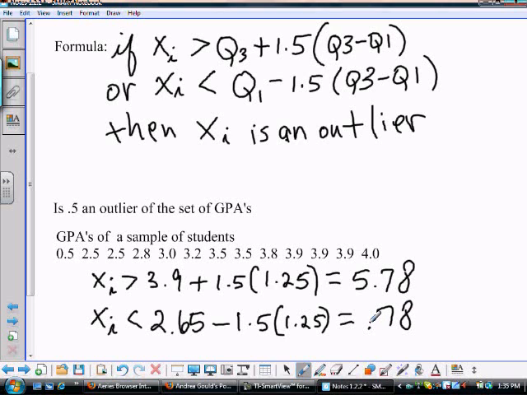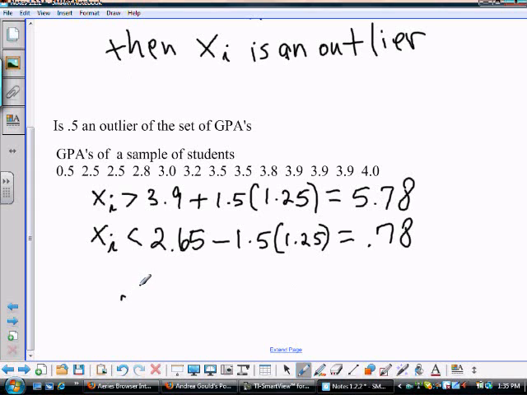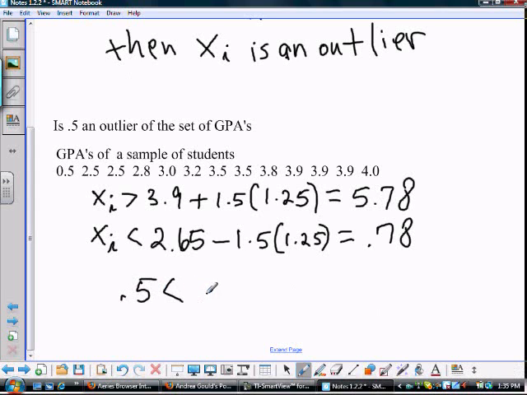All right, so any value in my set less than 0.78 is an outlier. Since 0.5 is less than 0.78, 0.5 is an outlier.